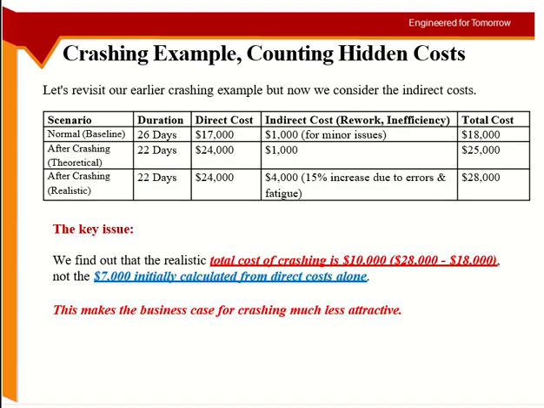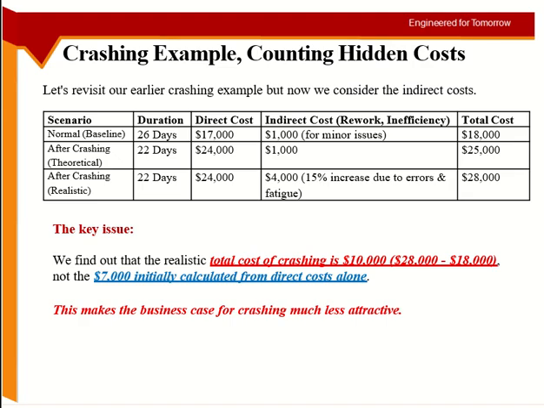Okay, so this is the same example we did last time. So the normal baseline case was 26 days. The normal cost is 17,000 direct cost, and $1,000 extra cost for minor issues with the normal baseline. Okay, so the total cost: 17 direct, 1,000 indirect, total 18,000.